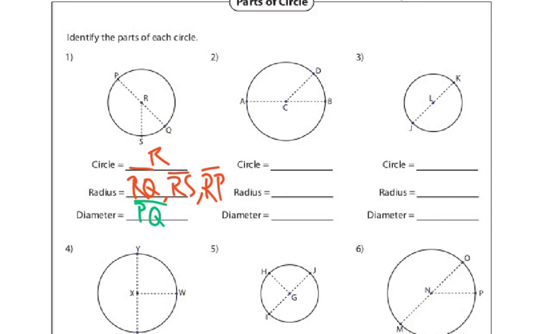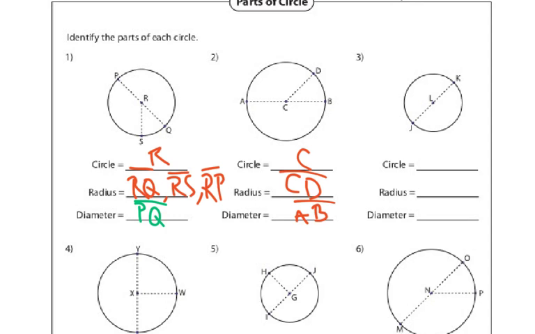I'm just going to make it shorter, and I'm just going to name one of the radii and one of the diameters. And you might have a different one, and that's okay. So we're going to do circle C, line segment CD for the radius, and line segment AB for the diameter. You could have said something else.